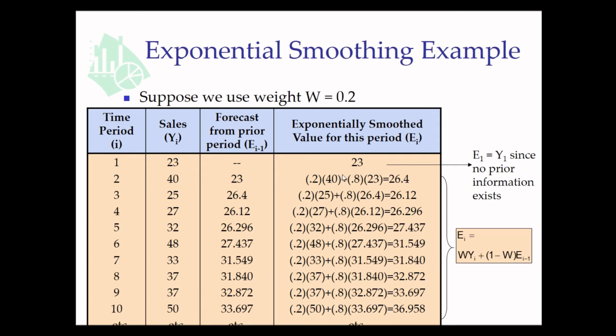So here we use an iterative calculation. That is, to calculate for the current period, we use the current actual value and also the smoothed value in the prior time period.